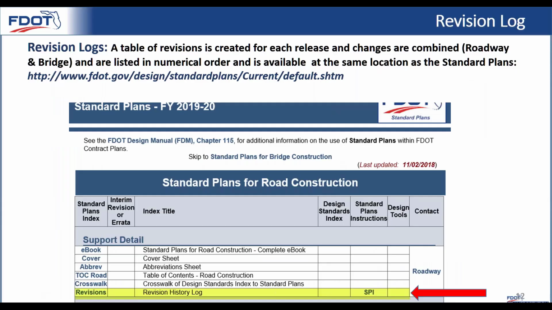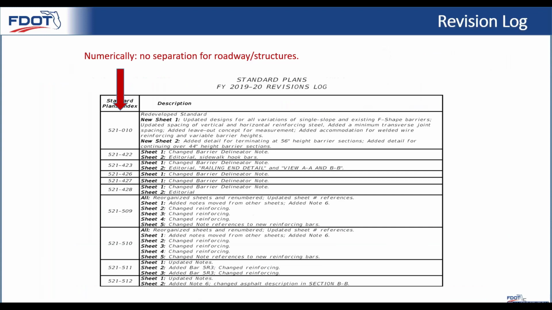To review changes to an index, Derwood went over some of the revision log, but this is different in that it is totally in numerical order, and it is not separated by structures and roadway.